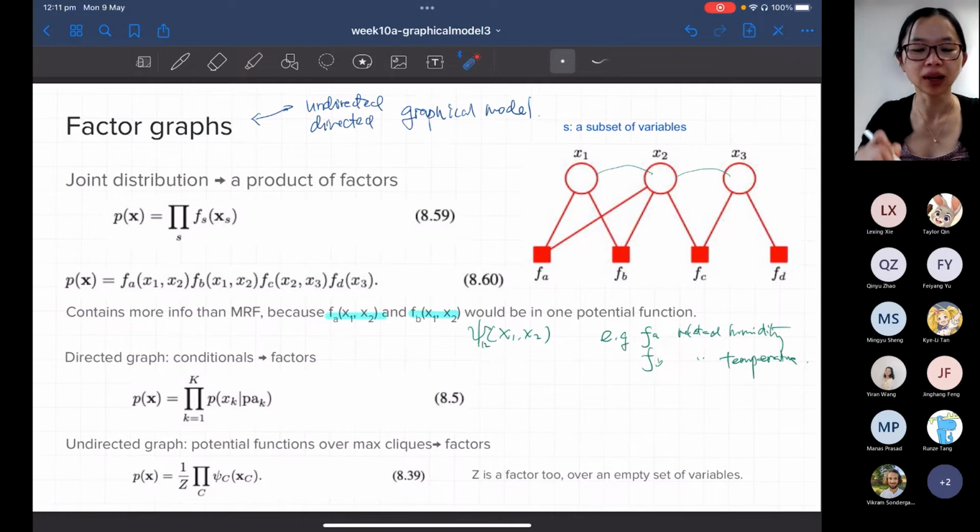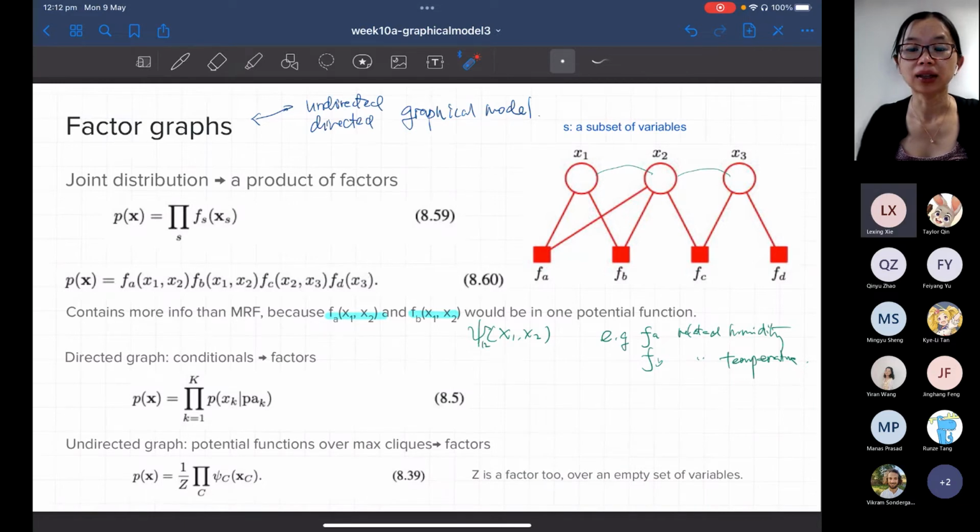And for an undirected graph, a potential function over maximal cliques readily lends itself to factors. Then you say, well, what about Z? It is a normalizing constant, and we can treat that as a factor too. It's just over an empty set of variables.